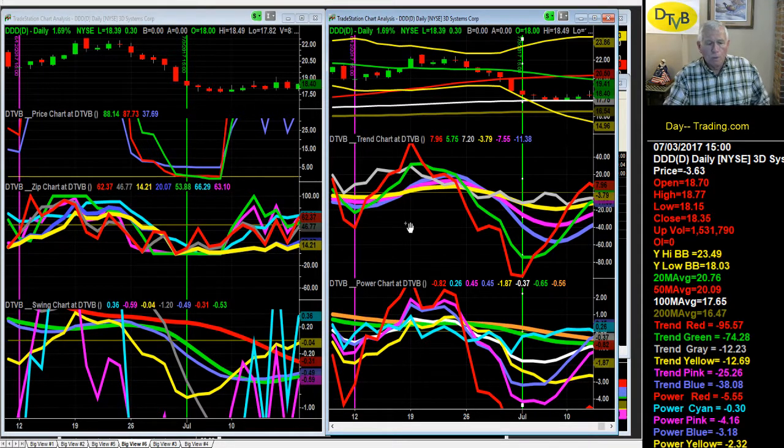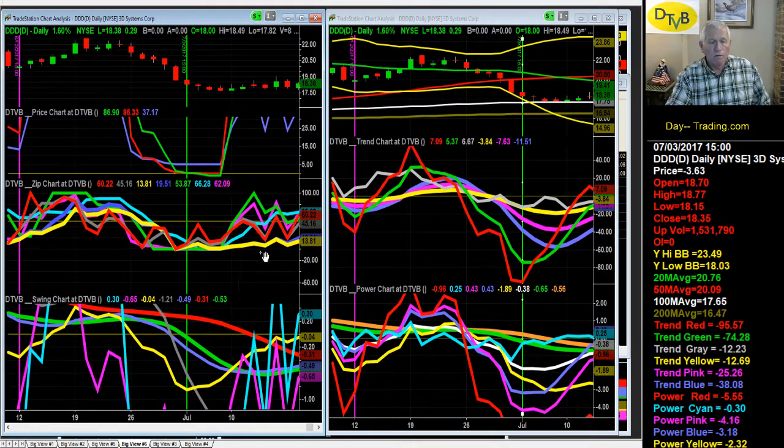Now, one of the other key lines I want you to look at is over in the zip chart. After the green vertical line, zip yellow stays low. The next day, zip yellow is at 9. Several days out, zip yellow is at 7.